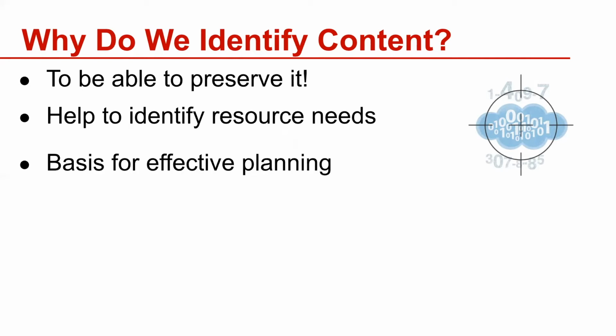Effective planning is based on knowing the extent of what will be preserved. It's great to say we need storage space and management software, but when the inevitable question is raised, how much space do you need and what kind of management software do you need? You need to have the documentation to back up your claims. This goes along with identifying your resource needs.